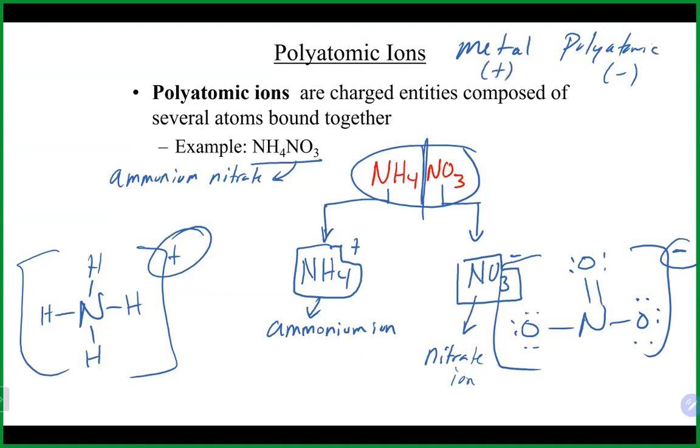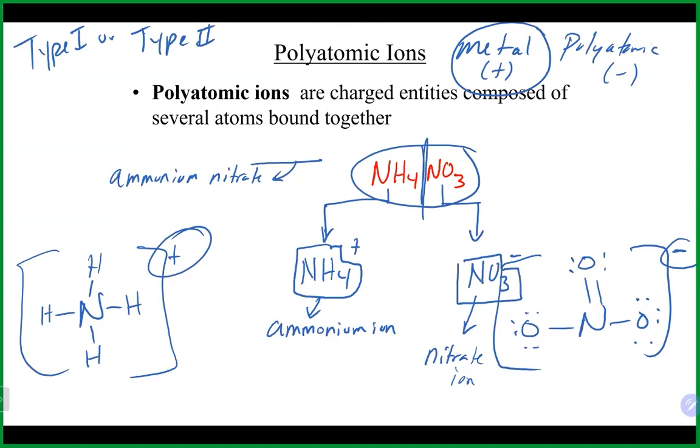As we talked about with type 1 and type 2, whenever that metal is involved, it is really the important thing in terms of how you name it. So a lot of times we will fall back to our type 1, our type 2 naming when we're dealing with a polyatomic ion, because again, that metal sort of determines how you name it.